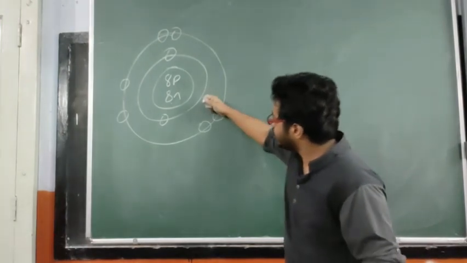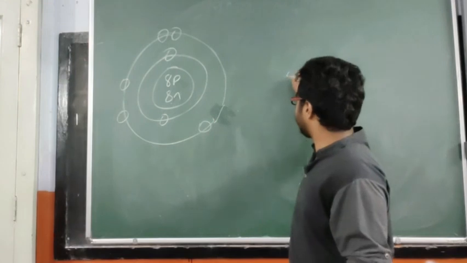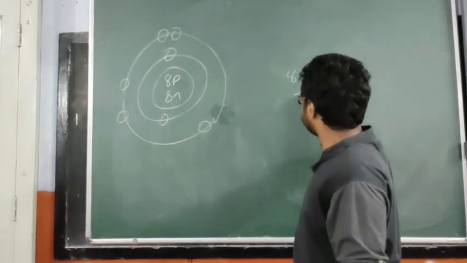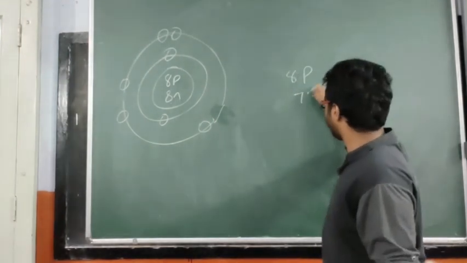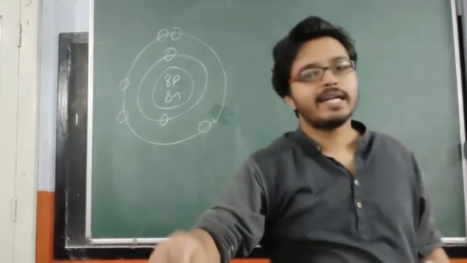After removing this one electron, it now has 8 protons and 7 electrons. So 8 positive charges, 7 negative charges.